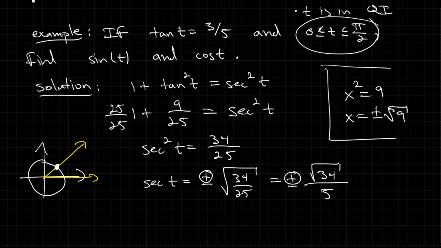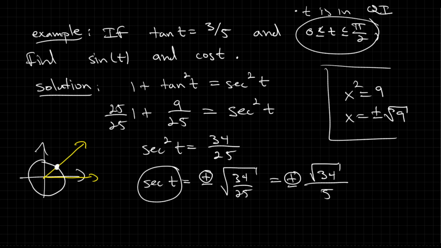And this is a very typical characteristic of these types of problems. You'll get that some trigonometric function is equal to plus or minus something, and you'll have to determine if it's plus or minus based on the quadrant that t is in.